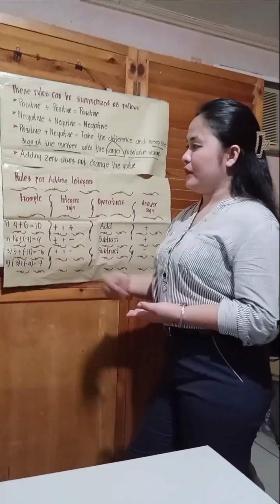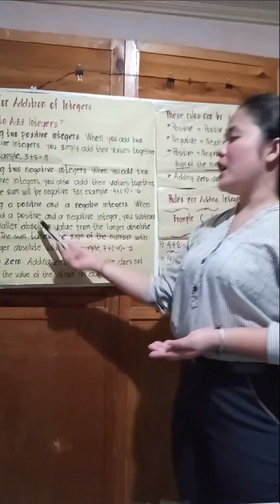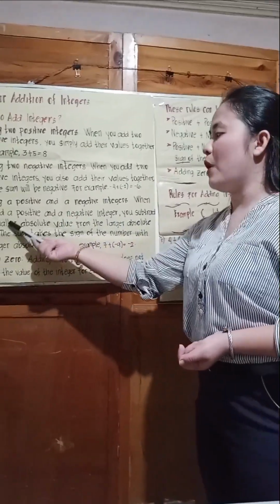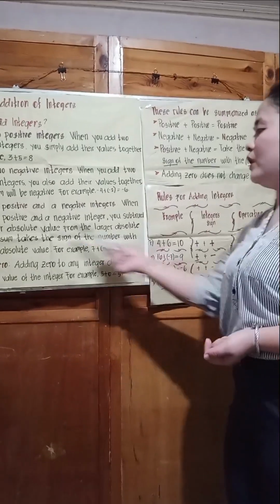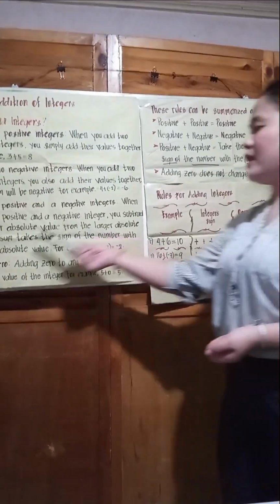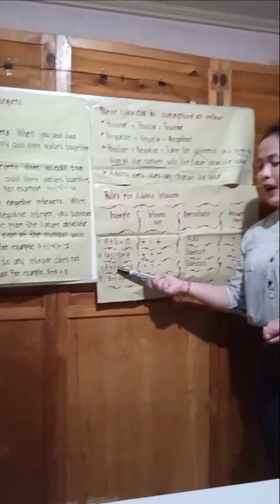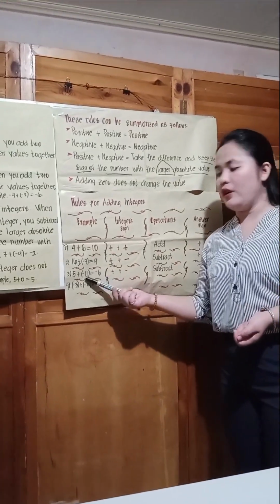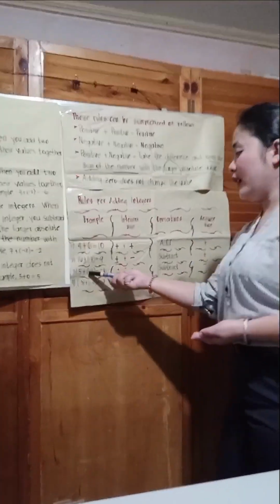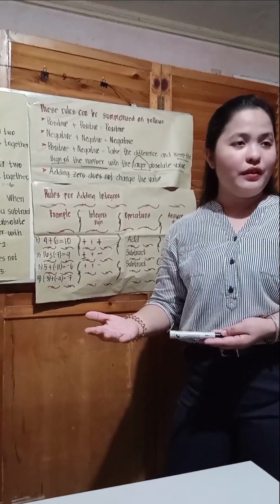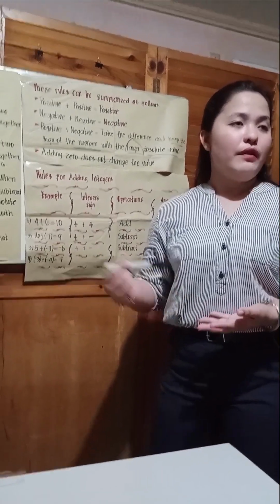So dito pa lang sa rules, adding positive and negative integers: when you add a positive and negative integer, you subtract the smaller absolute value, which is 5, from the larger absolute value, which is negative 11, then the sum takes the sign of the number with the larger absolute value. Since the sign of 11 here is negative, the answer of 5 plus negative 11 is negative 6. Understood? Okay. Or in short, copy the sign of the biggest number.